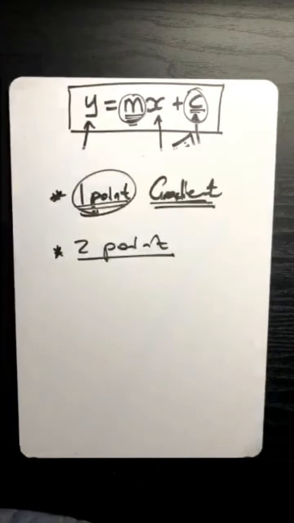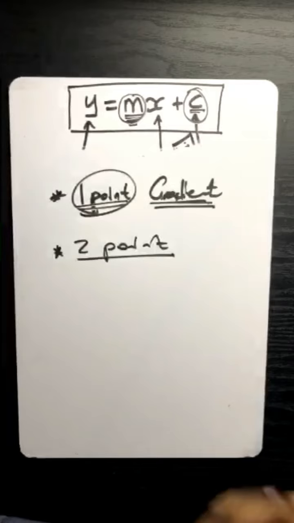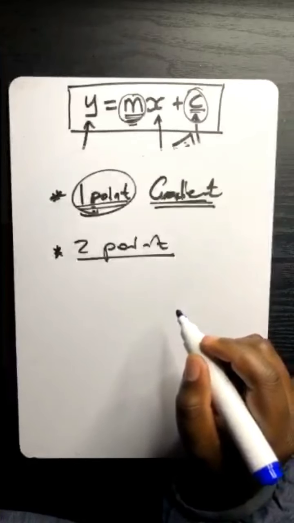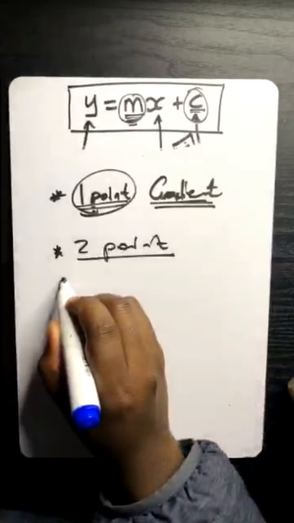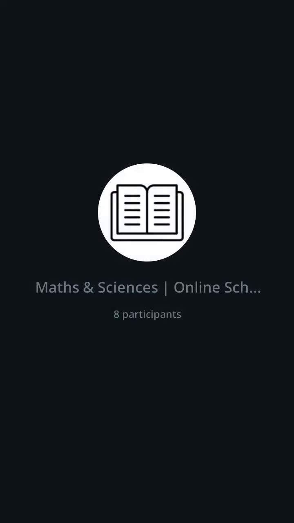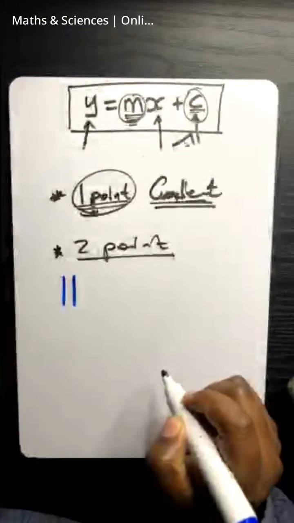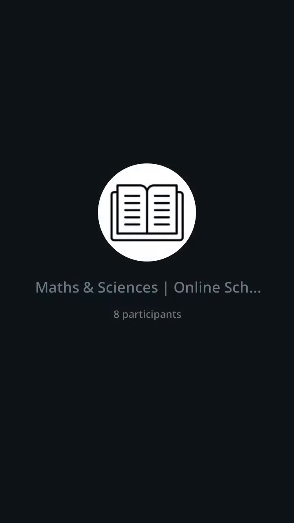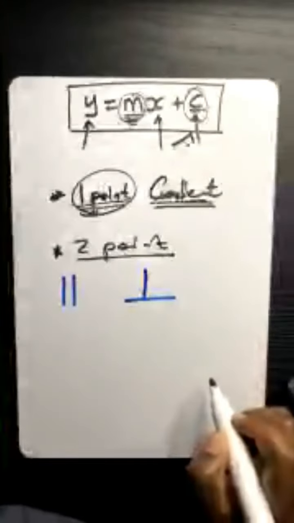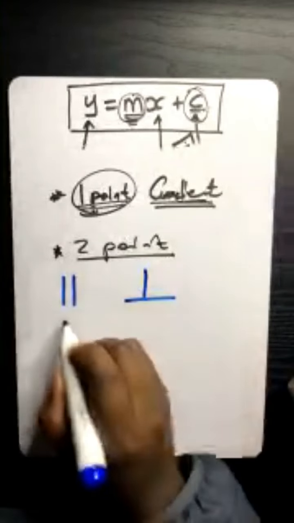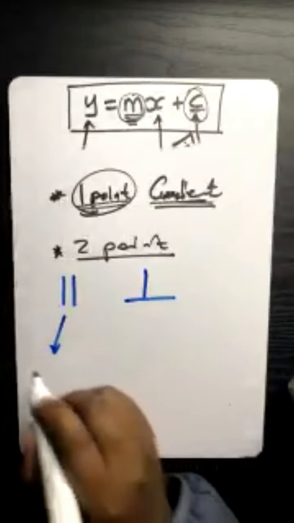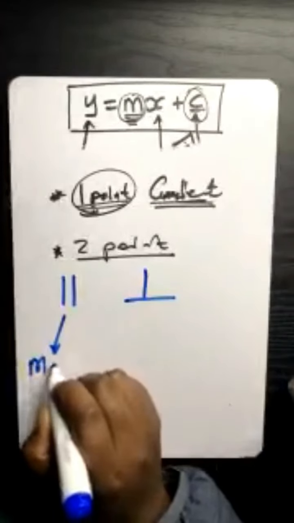Lastly, in addition to this, I want you guys to be aware of something. I'm sure you do know very well that straight lines can either be parallel, especially under this chapter of analytical geometry. We can have 2 parallel lines or 2 lines being perpendicular to each other. For lines which are parallel, they have the same gradient.